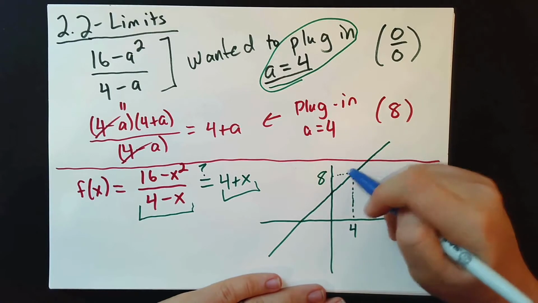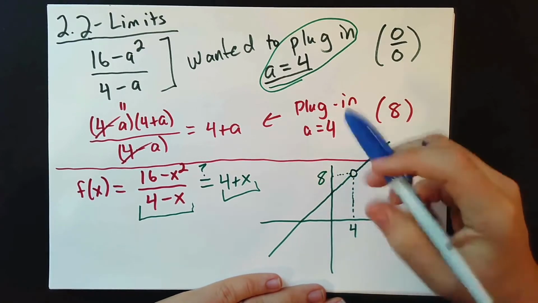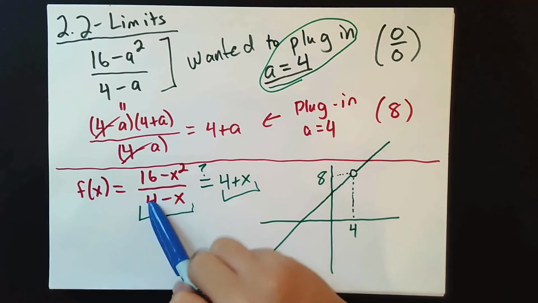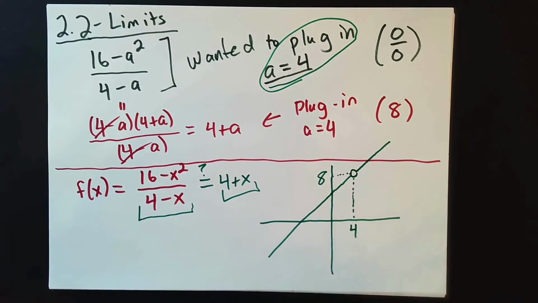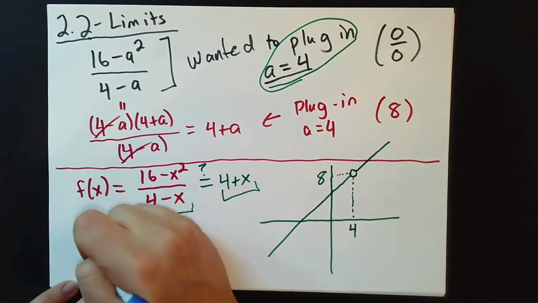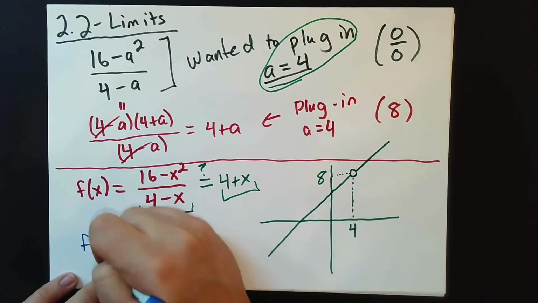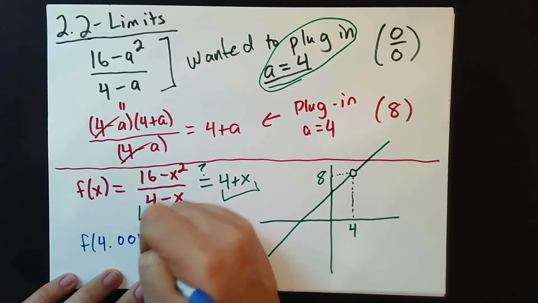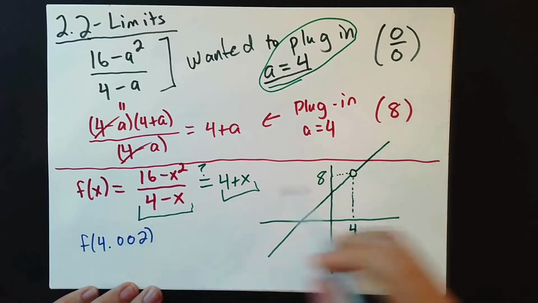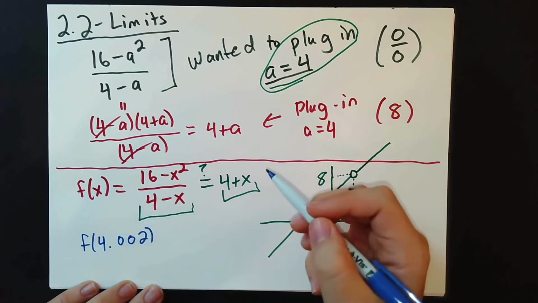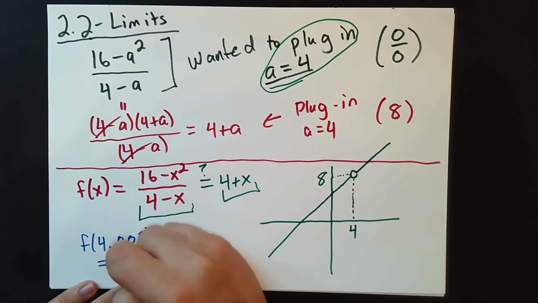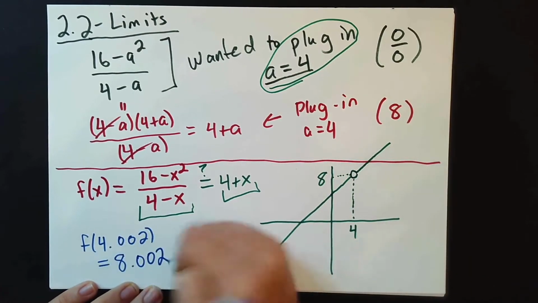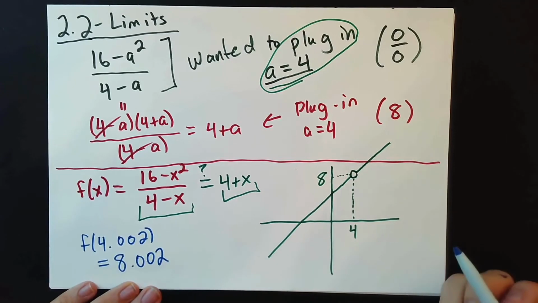And at inputs near 4, the value of this function, f, is really, really close to 8. For example, if you choose your favorite number near 4, like, for example, 4.002, then this function f, it legitimately does take the value 8.002, which is very close to 8.